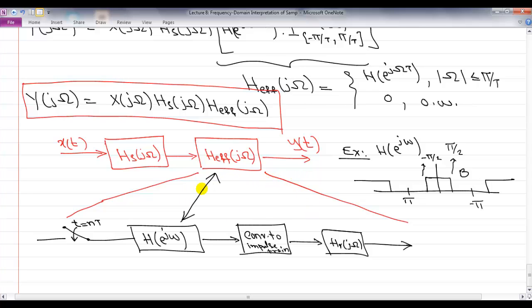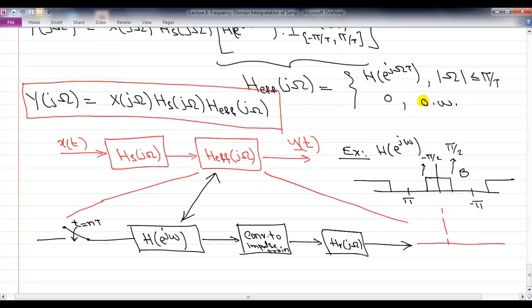What this expression is saying is that, even though you are not doing that, it will be equivalent to as if you had just a continuous time filter whose frequency response was simply given by scaling this. So this π/2 becomes π/2T.